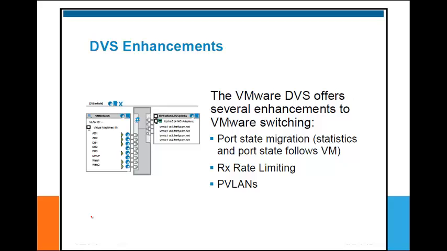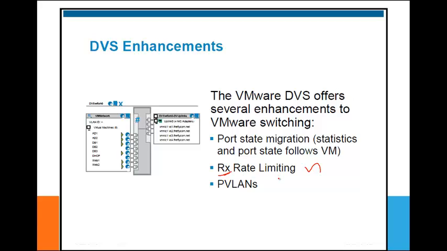So what is special in DVS? We already saw that vSwitch supports trunking, outbound rate limiting, and VLANs. But what it did not support is inbound rate limiting. Now that is supported here, receive rate limiting.